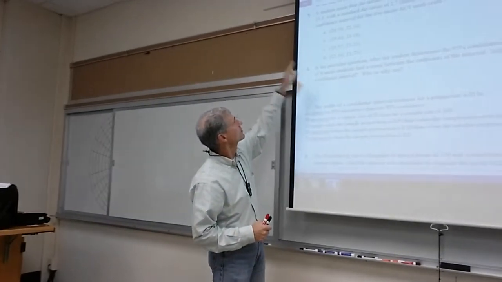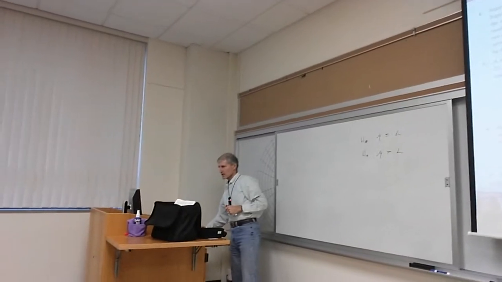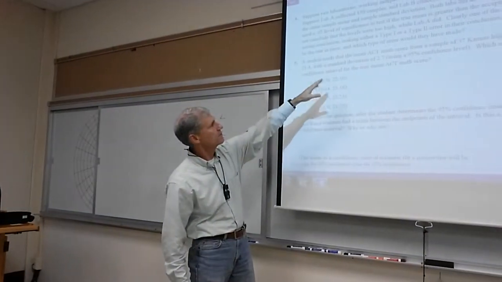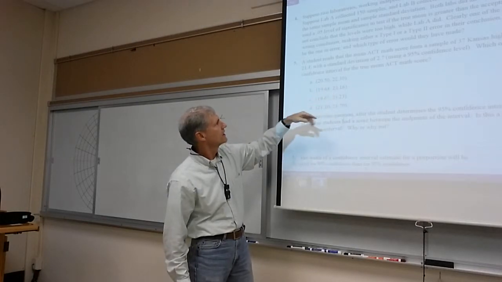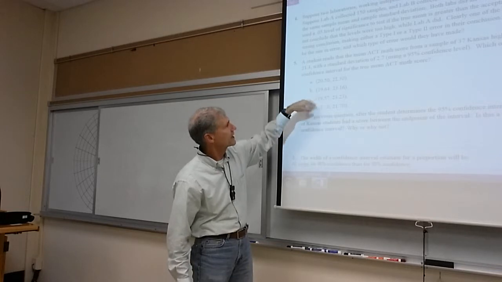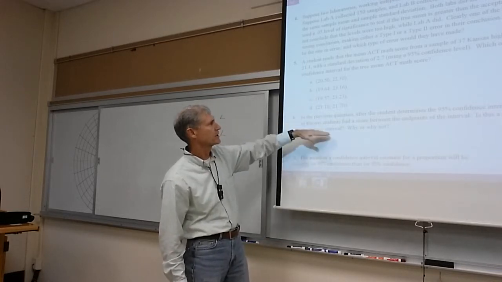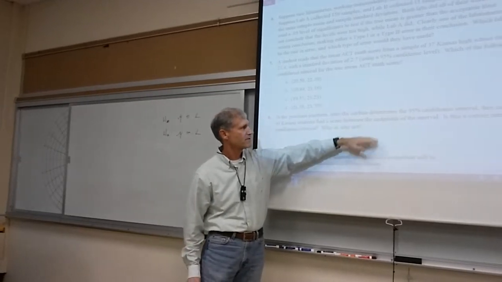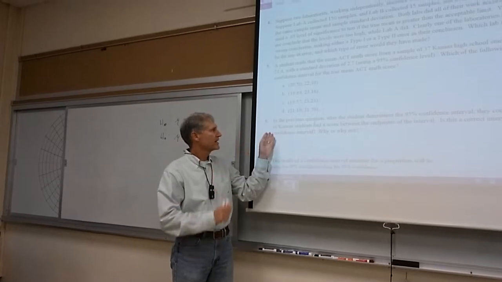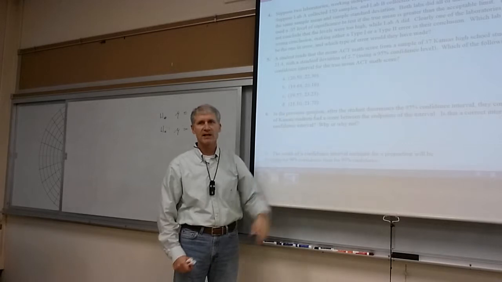Okay, this is referring to the previous question. Let me scroll it back down so that it shows on the camera. So this one is about student mean ACT math scores, and you're supposed to compute the 95% confidence interval. But then in 6 it says, after a student determines the 95% confidence interval, they conclude that that means 95% of Kansas students had a score between the endpoints of that interval.